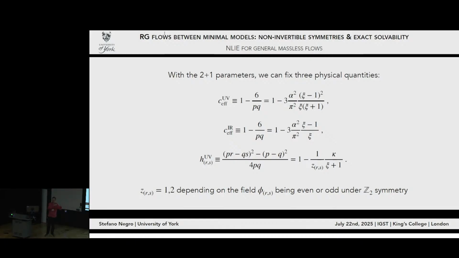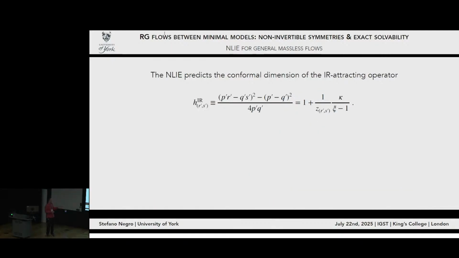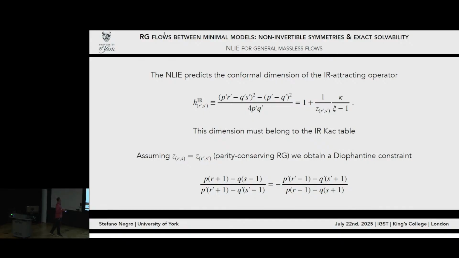I start from a UV, from a deforming field, and I say, okay, I have an IR. I fix these 3 quantities, and then as a check, I can go and see if h_IR, which I can also compute from the DDV, does belong to the Kac table of the IR CFT. And this constrains the possible values of kappa and psi that I can have. And what I find is that I find some Diophantine constraint.